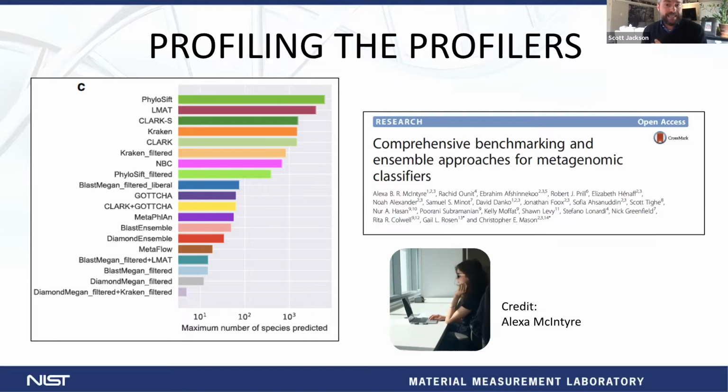And notice the x-axis is a log scale. Some tools detected tens of species, some tools detected thousands of species, and these are all being run on the same raw data set. So it shows you the impact of methodological variability in your choice of taxonomic profiling tools. And that's just one step in a very long process of measurements.